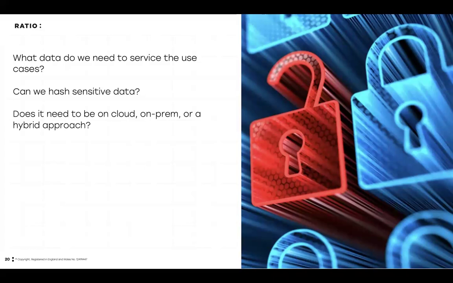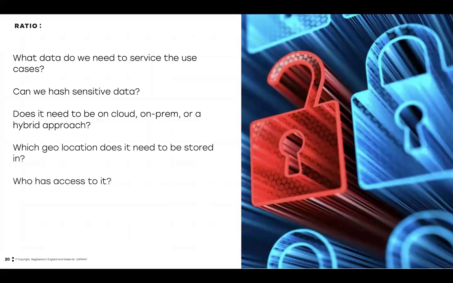On that point, does it need to be on cloud, on-prem, or a hybrid approach? This will depend on your data policies. Where does user data need to be stored? How secure does it need to be in terms of who can access it? What location does it need to be stored in as well? Often things need to be stored within the EU.